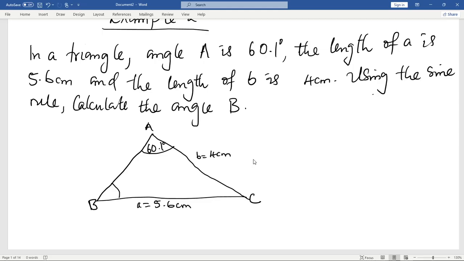So now we have two sides, an angle, and a missing angle that we are looking for. In this case, it is only right for us to use the sine rule.